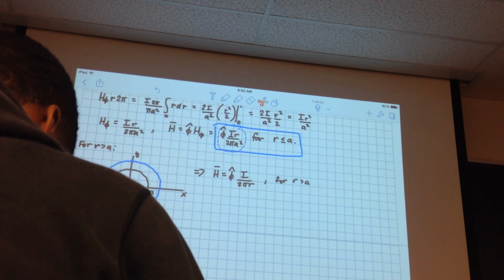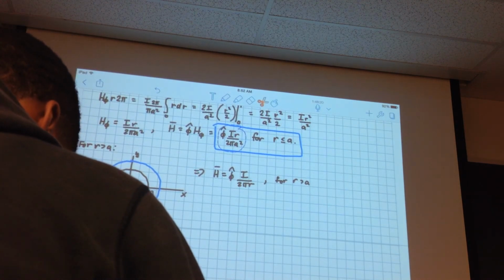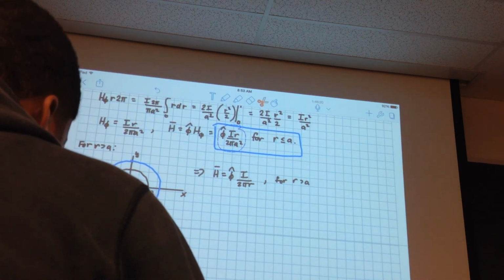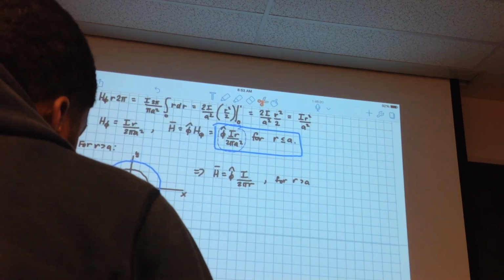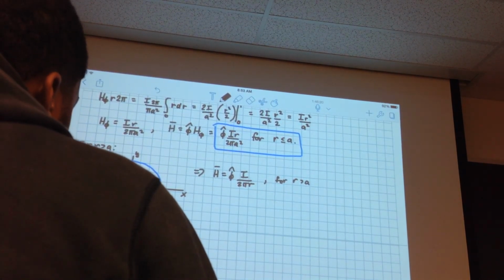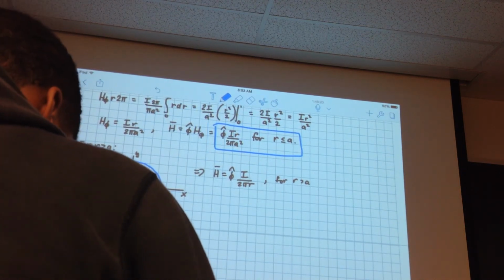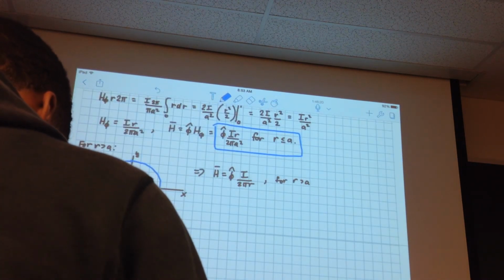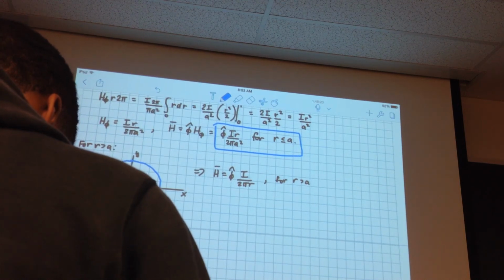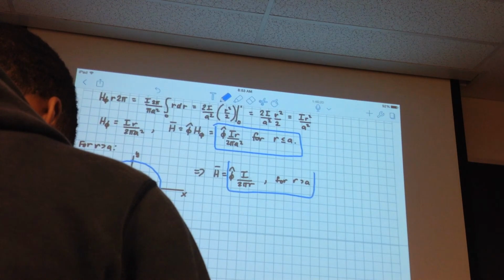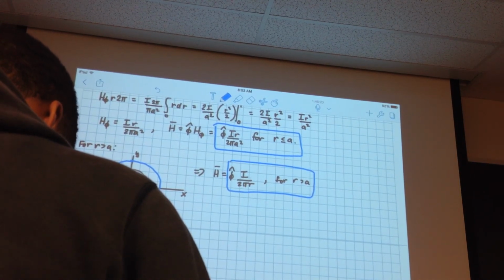And then, once you get to a, the magnetic field drops as 1 over r. The magnetic field is I over 2 pi r.